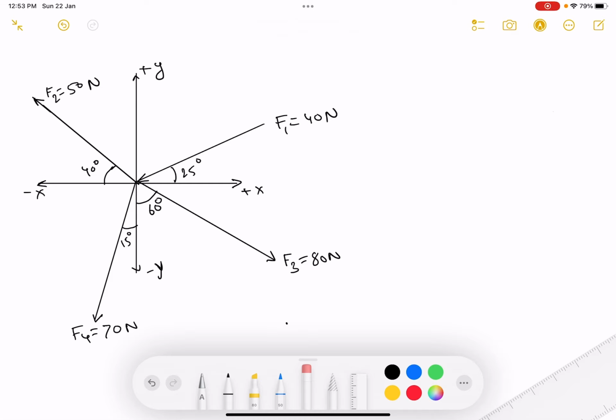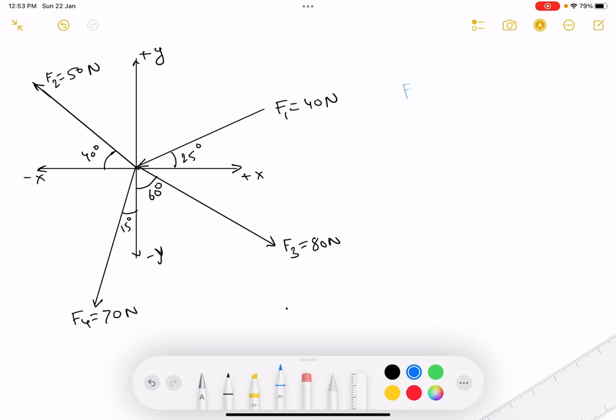Now let's start resolving the forces F1, F2, F3 and F4 along the x and y direction. Let's start first with F1.